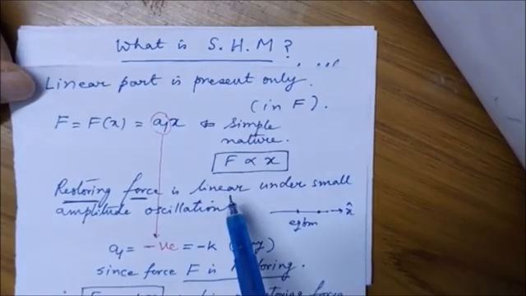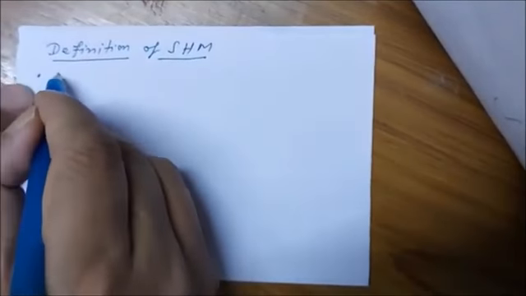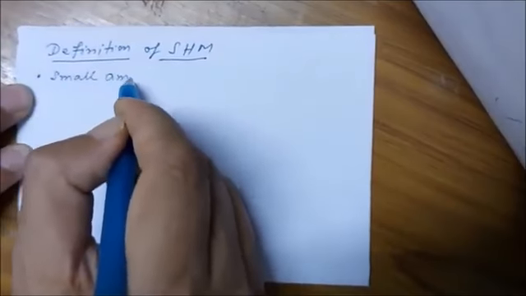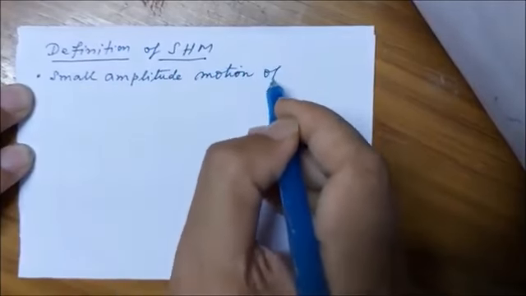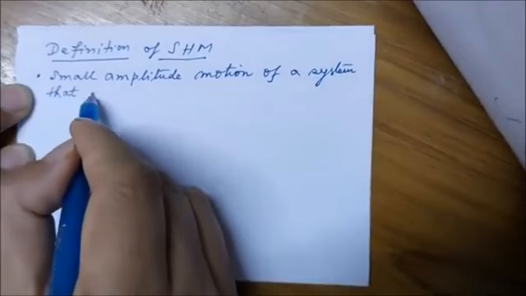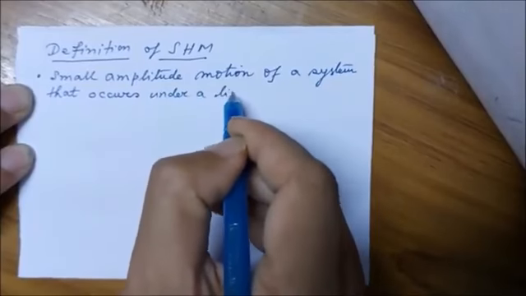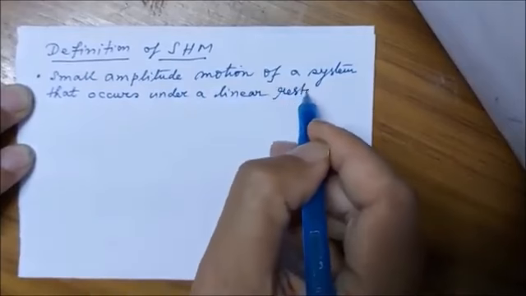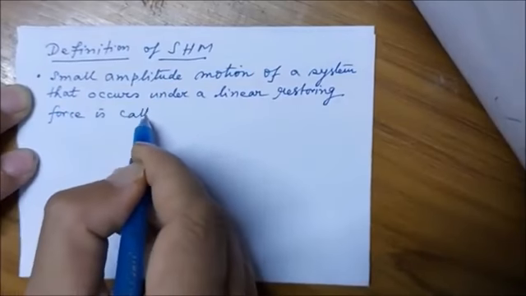We will now write down the definition of simple harmonic motion. So, definition of simple harmonic motion. Small amplitude motion of a system that occurs under a linear restoring force is called simple harmonic motion.